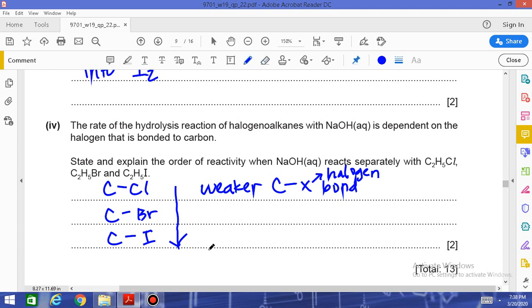So in this case, iodoethane is the most reactive. Okay, so iodoethane is more reactive than bromoethane, and bromoethane is more reactive than chloroethane.